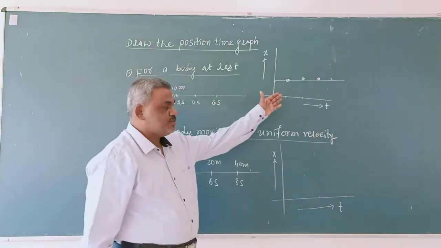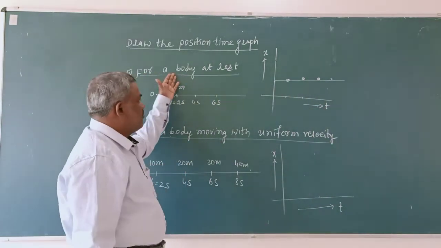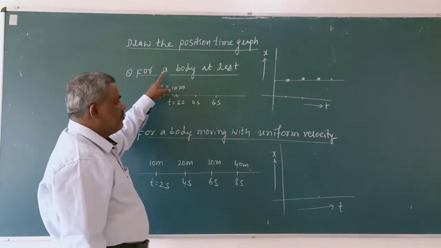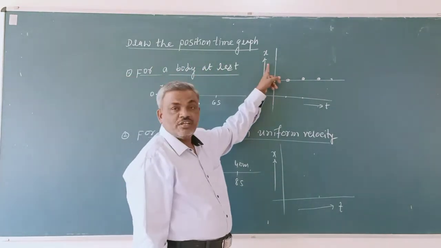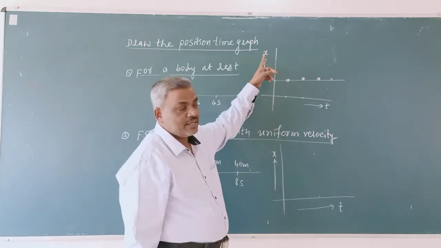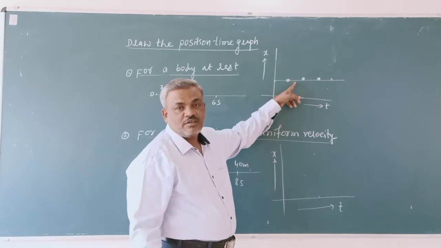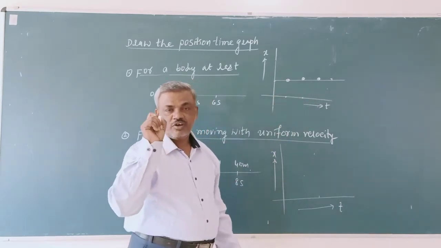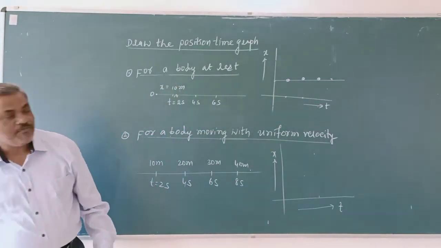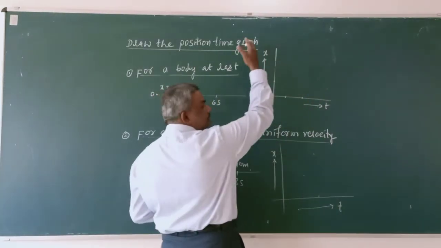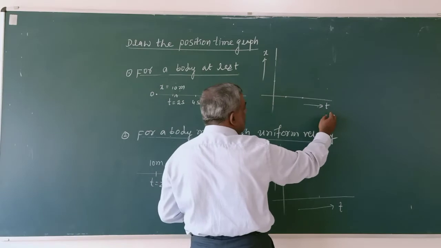This graph shows the position-time graph for a body at rest. Position x is taken along the y-axis, time along the x-axis. How do we describe this graph? x is the position, taken along the y-axis, and time along the x-axis.